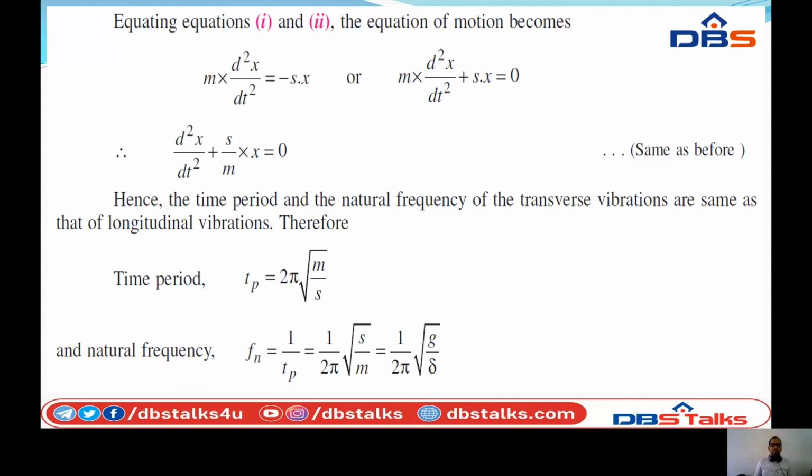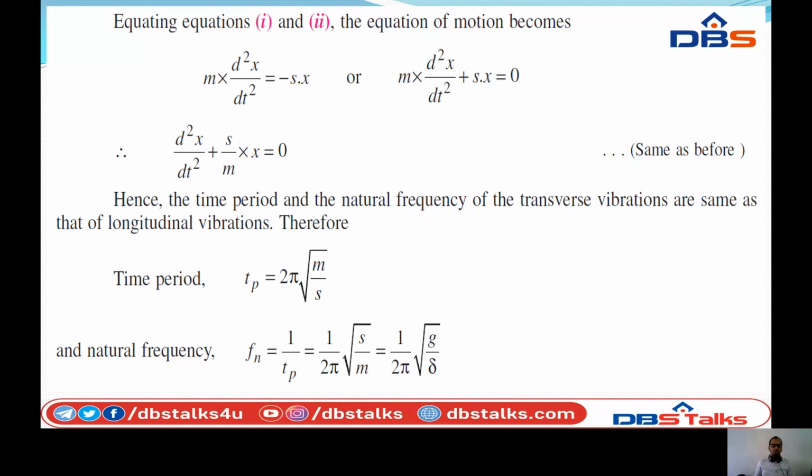By dividing with m on both sides, it is d square x by dt square plus S by m into x equal to 0. Here the time period and the natural frequency of the transverse vibration are the same as those of the longitudinal vibration. The formulas are both the same.